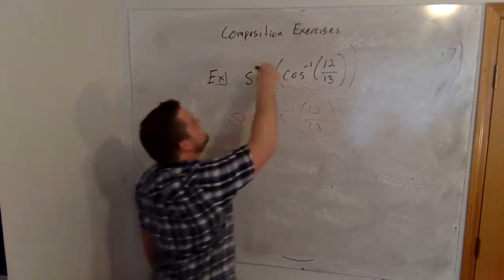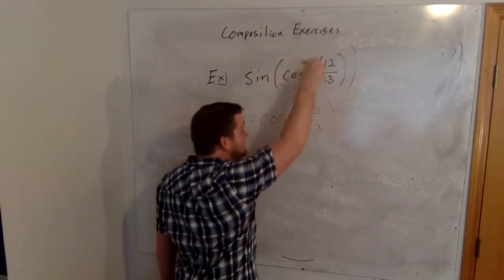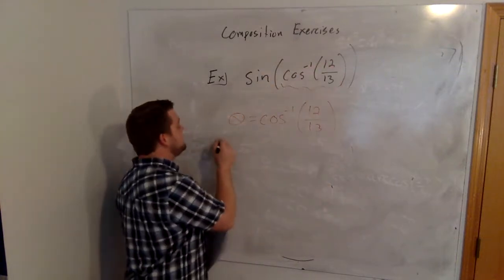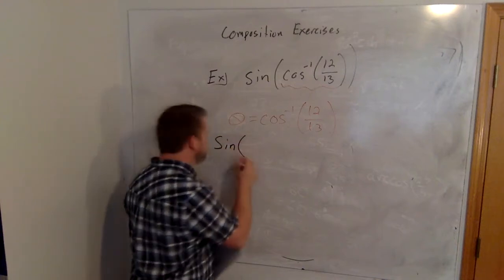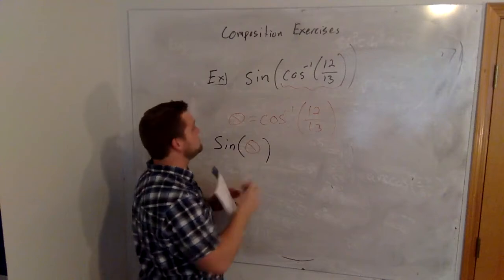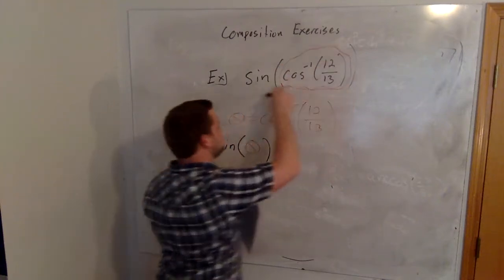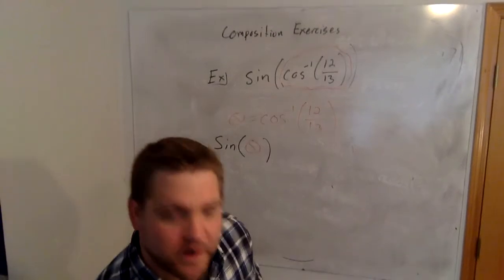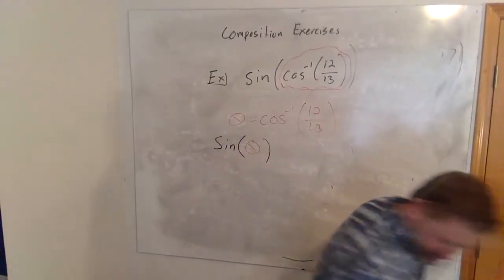So what is inside of sine is an angle. I'm taking the sine of this angle. Now I just need to know a little bit of knowledge. Is that red kind of really hard to see? Let's use something a little bit better.